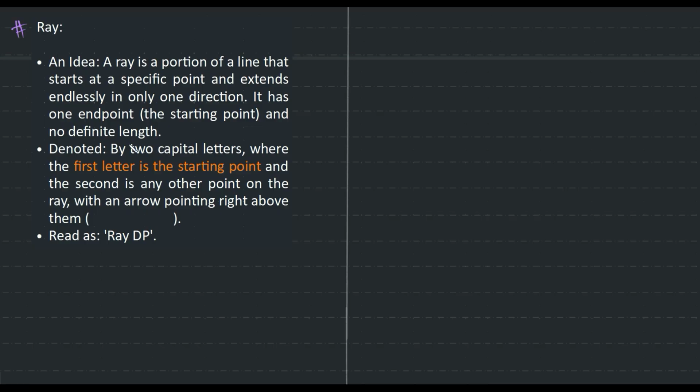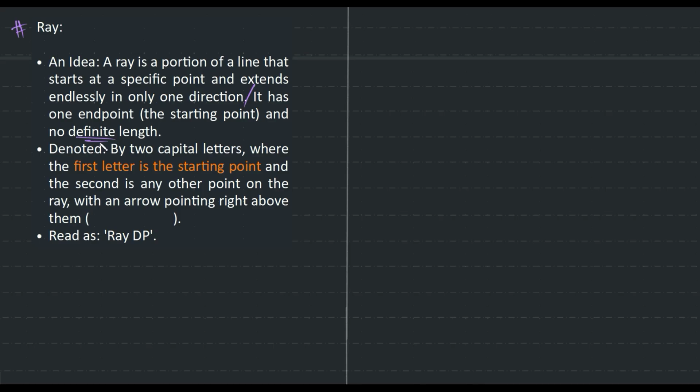Okay, a ray. The basic idea is that a ray is a portion of a line that starts at a specific point and extends endlessly in only one direction. It has one ending point, the starting point is there, and there's no definite length. Does it make sense?